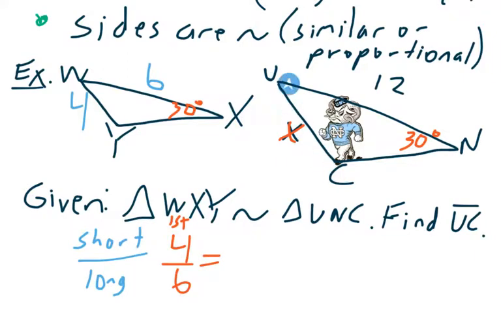So I could say X over 12. And that, again, that was my second triangle. So I'm just being organized with how I write this. The short sides are written on top, the long sides are written on the bottom. And the first ratio is my first triangle over here. The second ratio is my second triangle over here. Now this is pretty easy to solve because 6 goes evenly into 12 2 times. So I can just multiply by 2, and I know 4 times 2 gives me 8 for X.